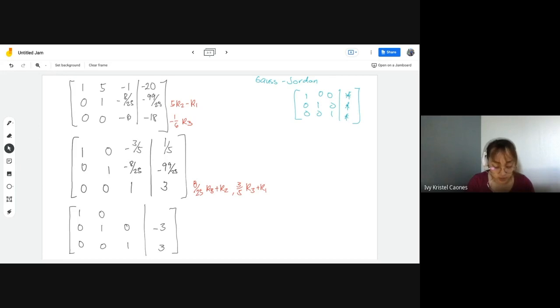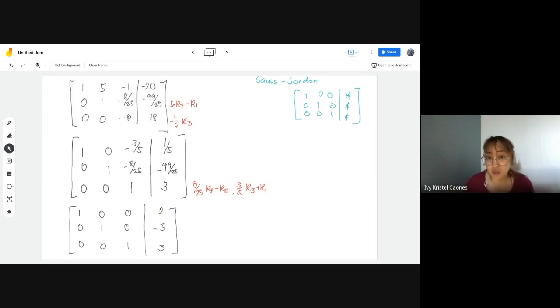Our R3 is 1. Then our R1 is negative 3/5. That will give you 0. And the last one will be 3, then 1. That's it. If your x comes out positive, just reverse the sign. That's possible too. Positive, positive.